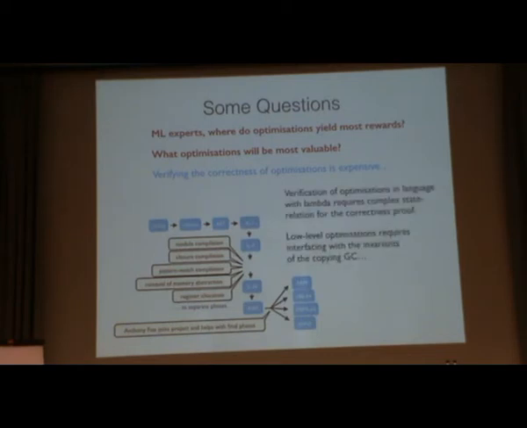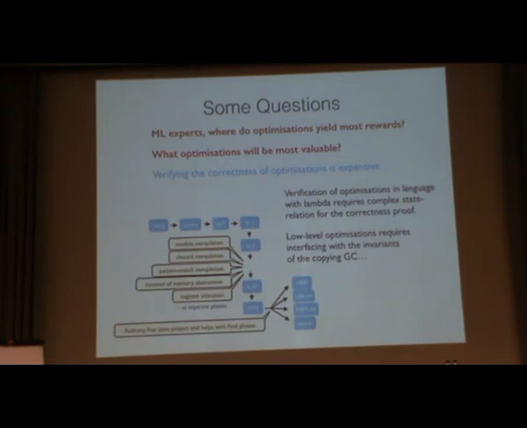Just observations from a verification point of view: doing optimizations in an intermediate language with lambda has the complexity that the state relation between source and target is quite hard to define, because the code exists in the values too.